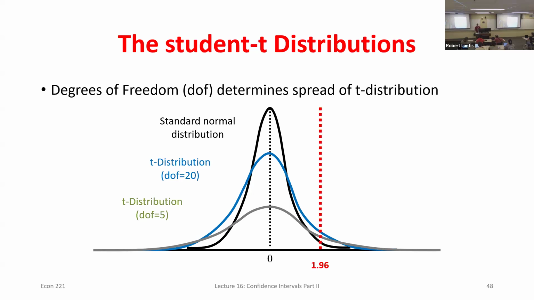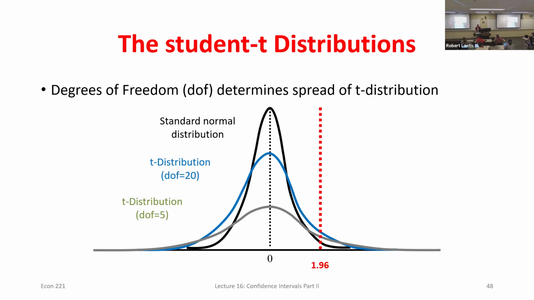Now, I'm not perfect at drawing these, and I'm drawing these exaggerated. So here was my standard normal, or my z values. And then here's a student t distribution for some degrees of freedom.